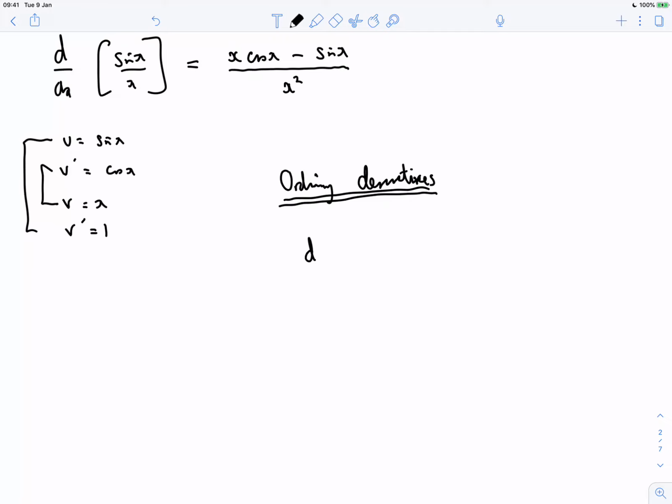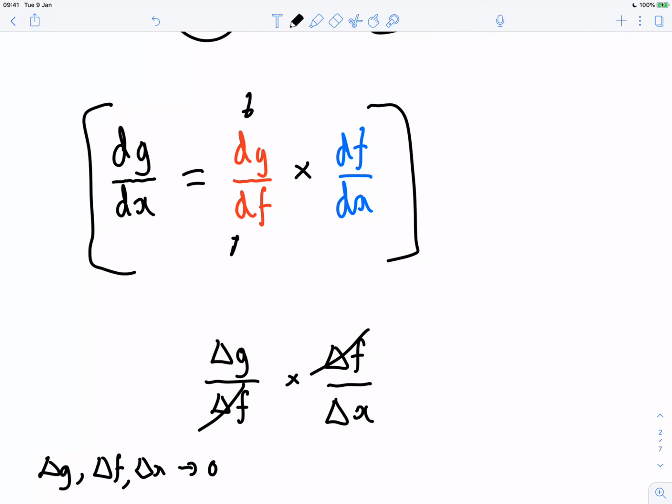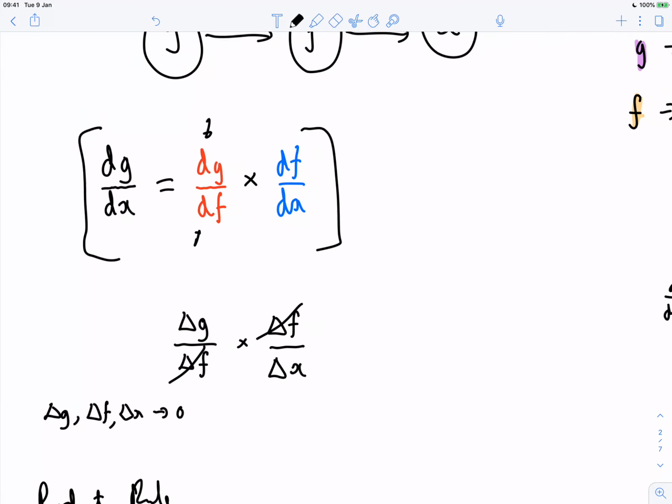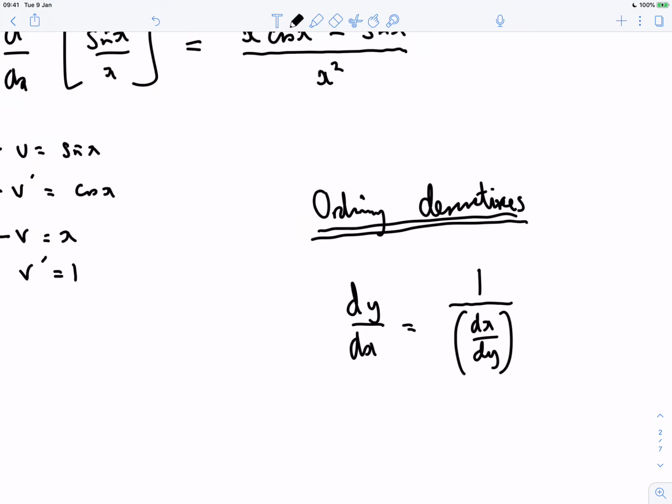So if I've got something like dy by dx, that is the same as 1 over dx by dy. It's a similar argument to treating them like fractions, because essentially they're measurable quantities in the limit as that quantity tends to 0, so you can treat them like a fraction, and clearly 1 over a fraction is its reciprocal.